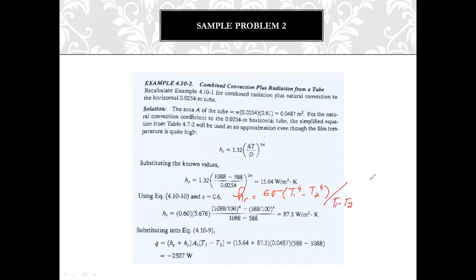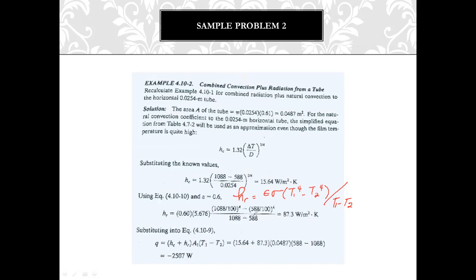So this is our heat transfer coefficient for radiation. Okay, the rest is just substitution. So you have emissivity, you have the constant here, and you have temperatures here.